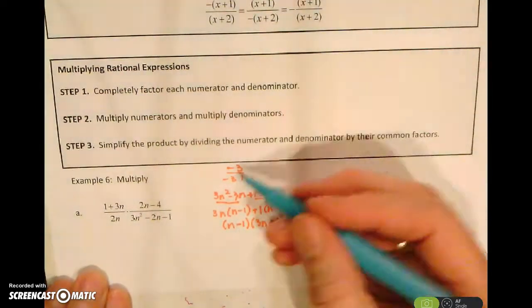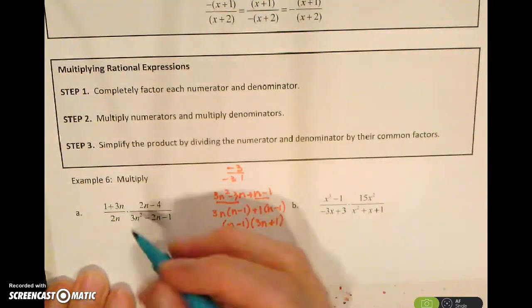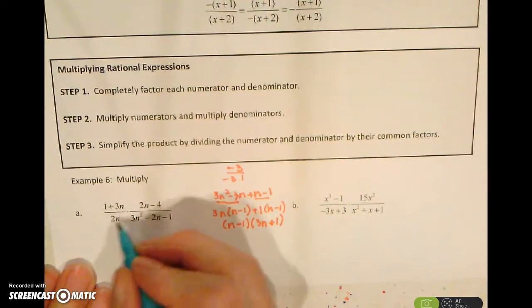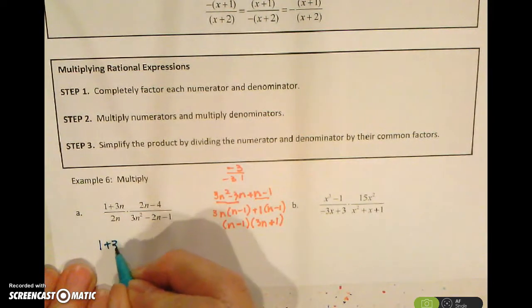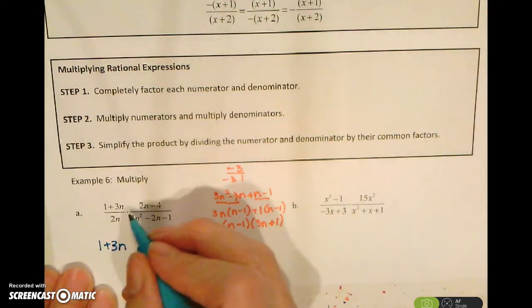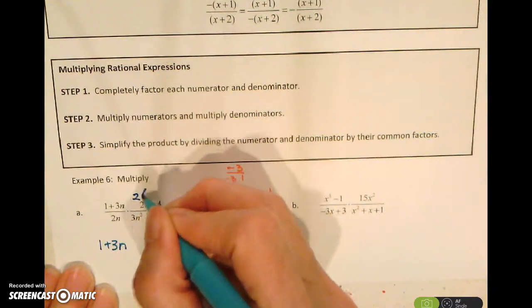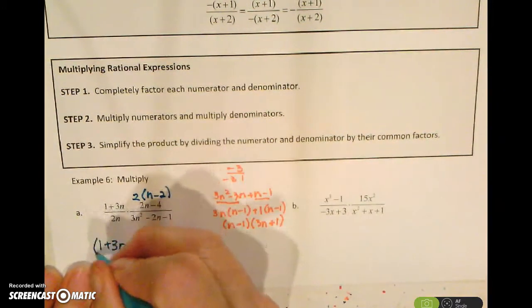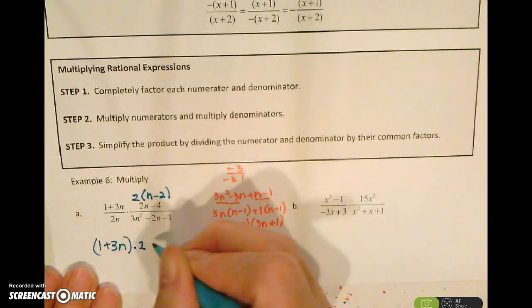All right, so here you can see I've already done my AC method. I'm going to factor. This doesn't factor. This doesn't factor. So I've got 1 plus 3n, and I'm going to multiply. This is going to factor to 2 times n minus 2. So I'm going to have 1 plus 3n times 2.